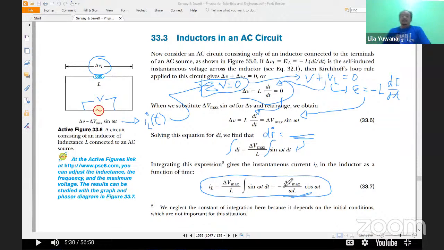Now we have learned from our previous calculation in the resistor, so we can also change this expression into minus cos omega t equals delta V max, or just V max, divided by omega L, sin omega t minus pi over 2.